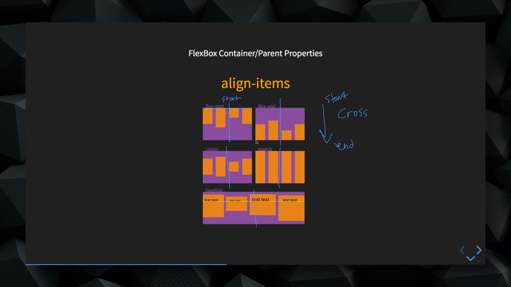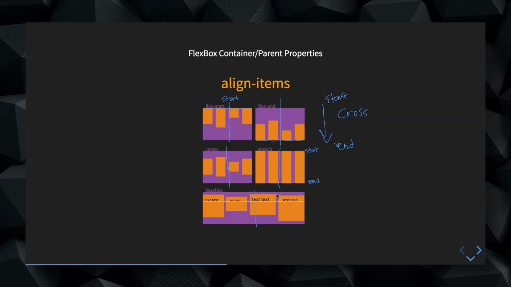Flex end makes the items stick to the end of the cross axis. The center centers them like this on the vertical at this point. The stretch, which is the default value, will make the items stretch from one edge, from the start up to the end. So this is the default, as you remember from our example.